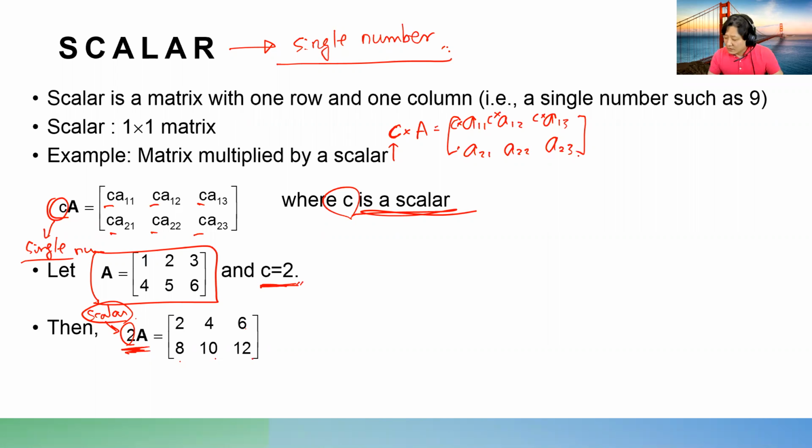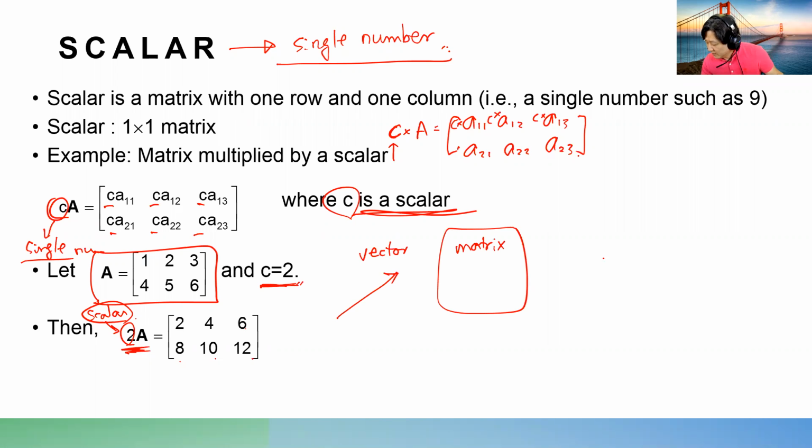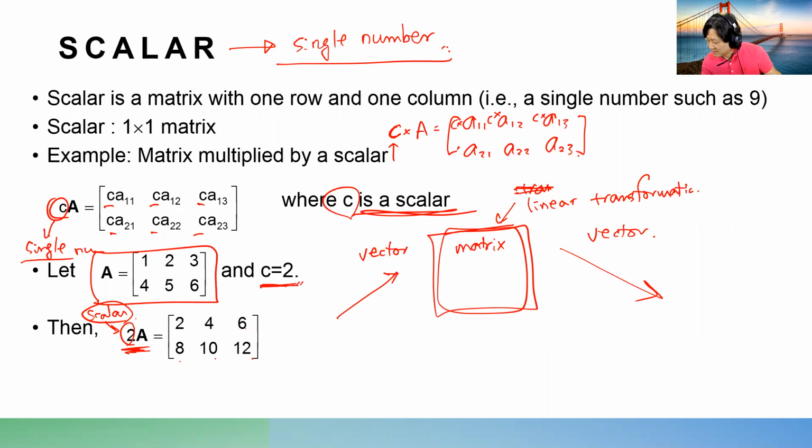Okay. For example, if you have a vector, and then if you multiply matrix, it will have another vector. Okay. So what does matrix do is it is actually the linear transformation. We'll see that.